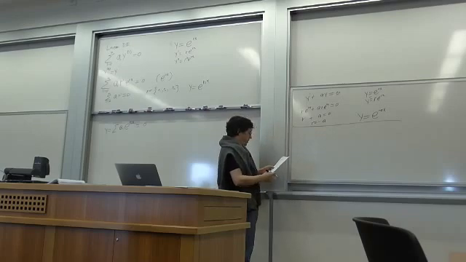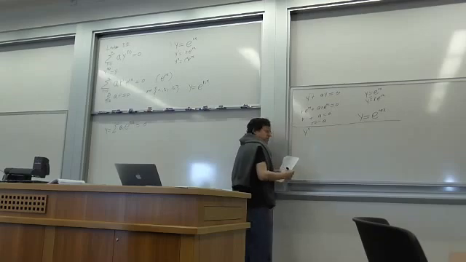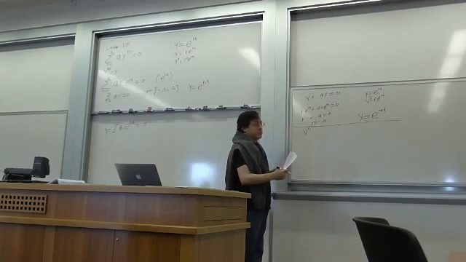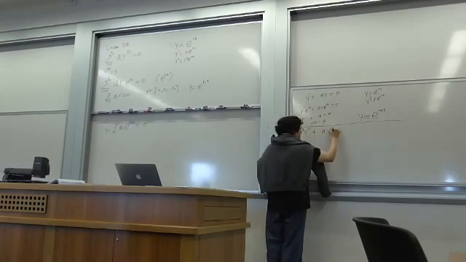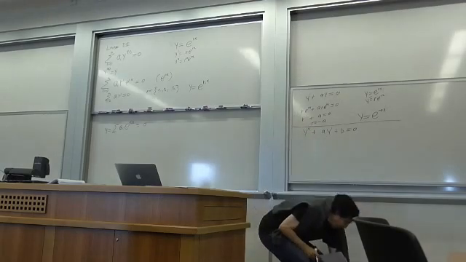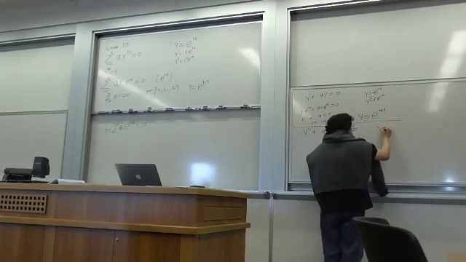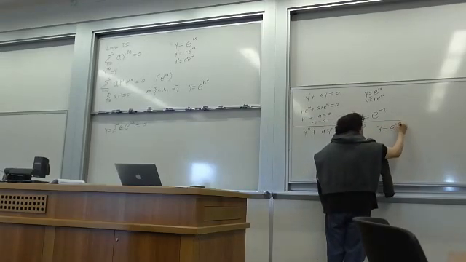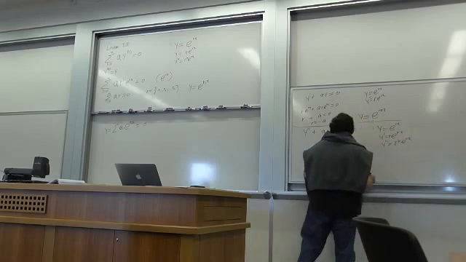Now we want to look at the fun one. This is a second order linear equation. So again, going through that same process, setting y equals e to the rx, y prime equals r e to the rx, y double prime equals r squared e to the rx.